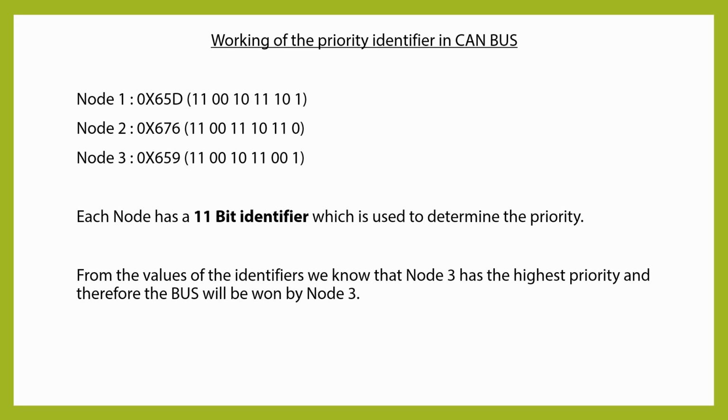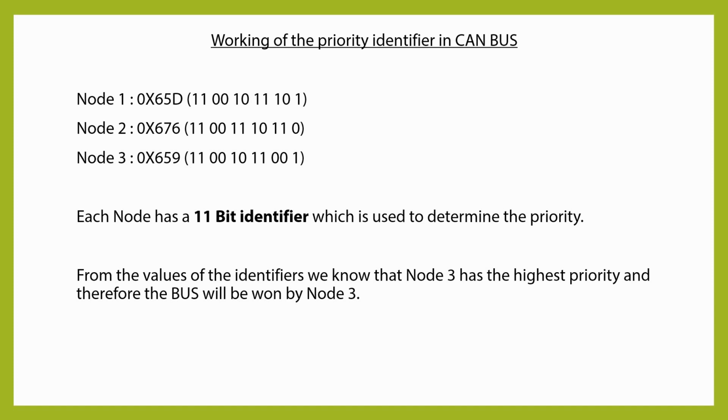The 11 bits in binary is given, so in the hex format, we know the value. Node 1 has 0x65D, node 2 has 0x676, node 3 has 0x659. Each node has an 11-bit identifier, that binary identifier is used to determine the priority.